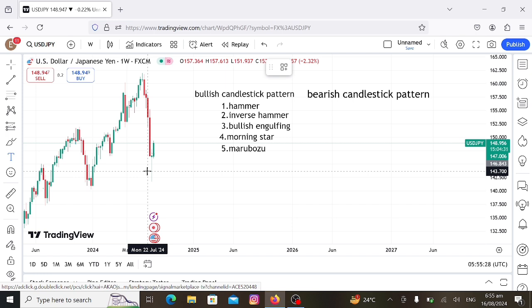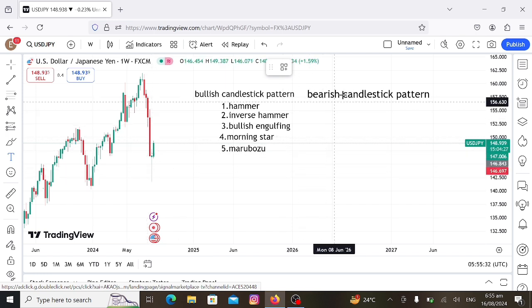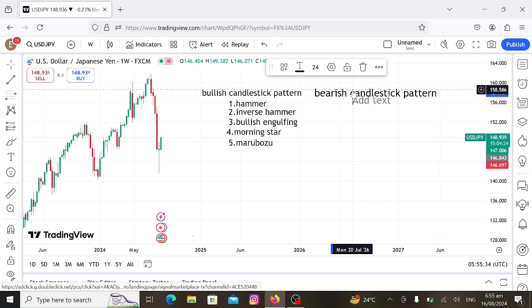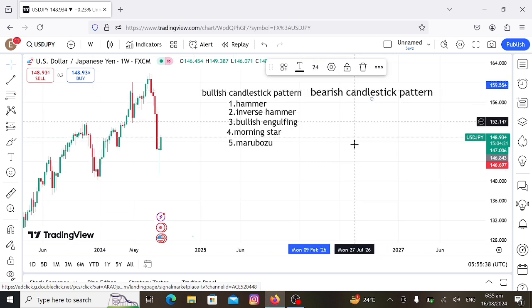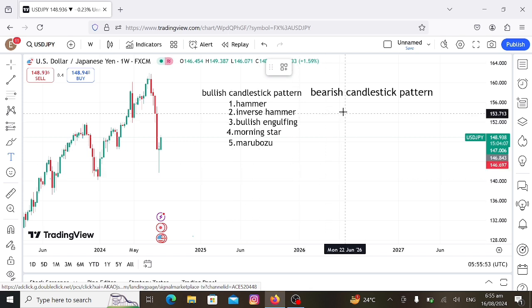What you should be looking at for them is a set up downward. And the number one candlestick we should be looking at in this bearish pattern is the hanging man.